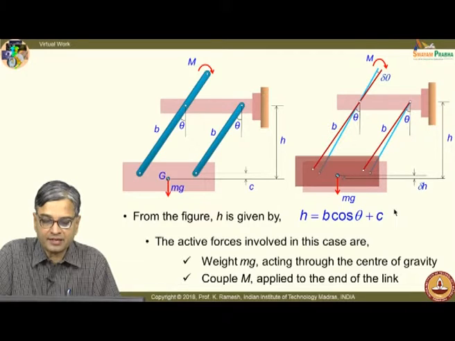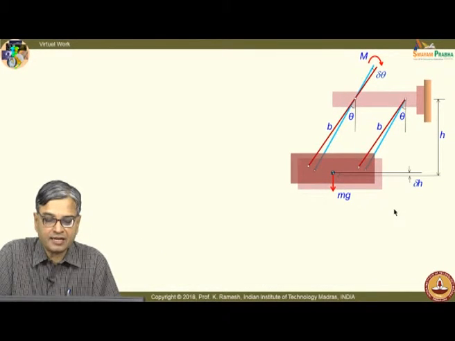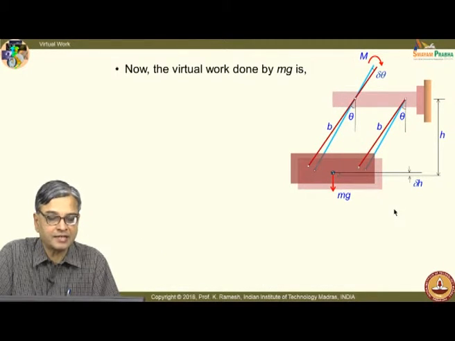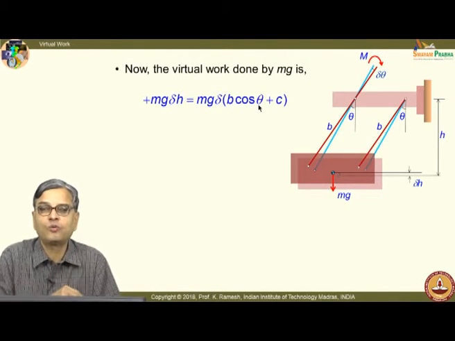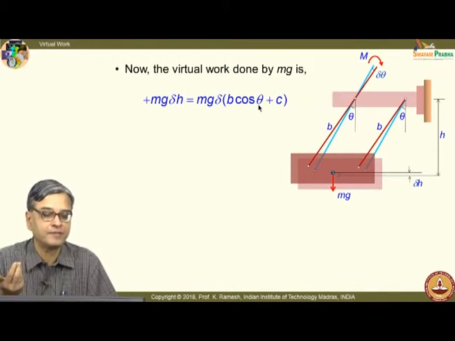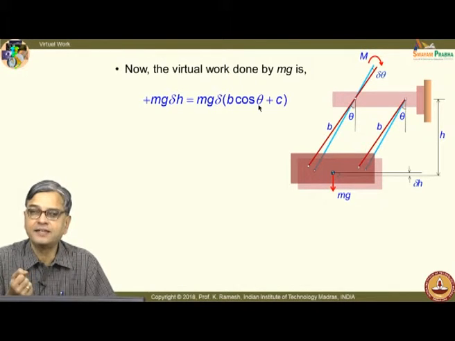Now, let us look at what is the work done by the mass m. I will put this as mg delta h, and I have the expression for h, which is given as b cos theta plus c. I would like to know what is the incremental variation of b cos theta plus c.